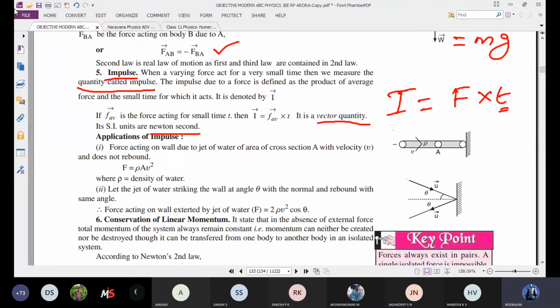So within the less time, I am applying maximum force, so the impact is maximum. So these are the applications. This formula we will discuss after, no problem. Up to impulse and the impulse formula, enough. Okay, so now based on Newton's first law, second law, third law, impulse and momentum, relevant problems we will discuss.